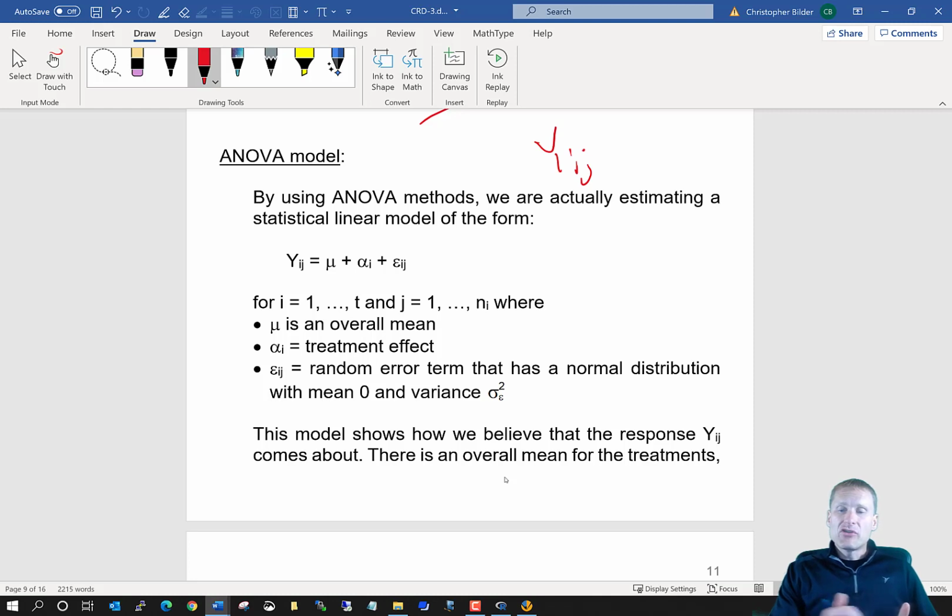This y sub ij can be written in a mathematical way that tells me how these y sub ij's actually come about. And so what you might expect on the right-hand side of the equation is that it's going to have to do something with the factor level. Based upon the factor level, that's going to control how this y sub ij comes about.